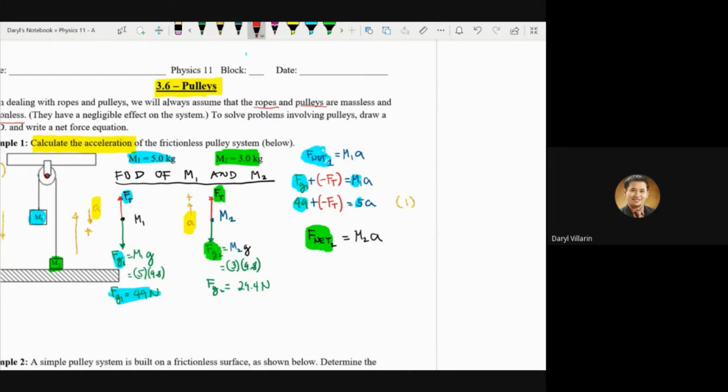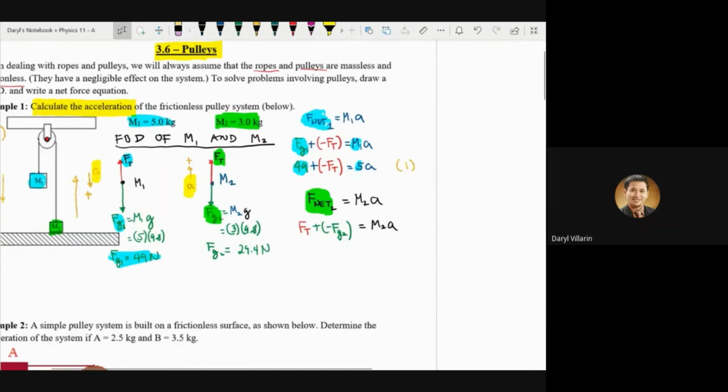So therefore, if I'm going to expand my forces acting on my second object, it would be Ft plus the negative of Fg2. And this would be equivalent to M2 times A. So now, I'm just going to substitute the things that I know.